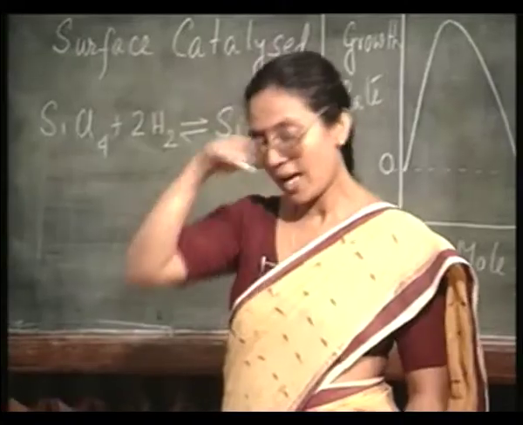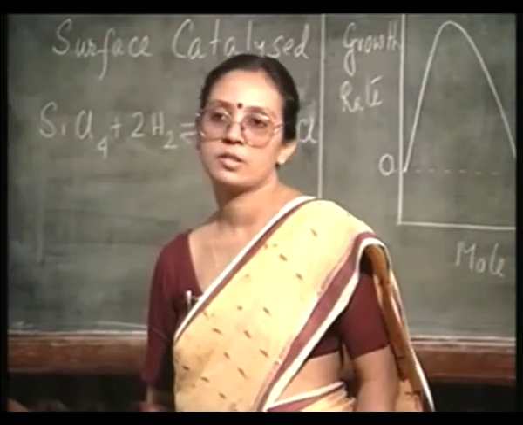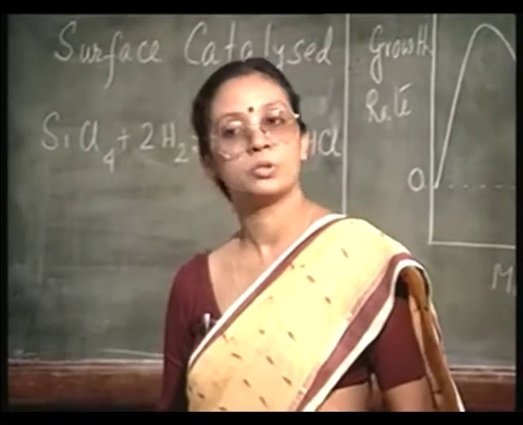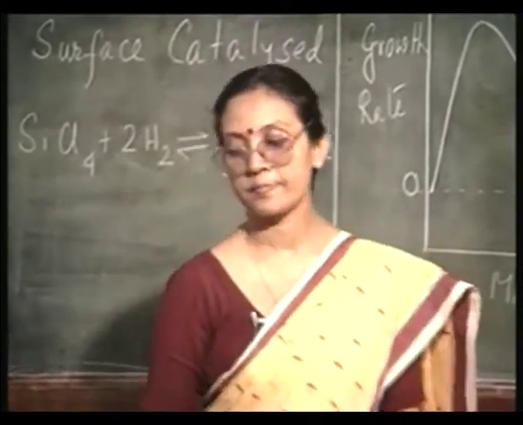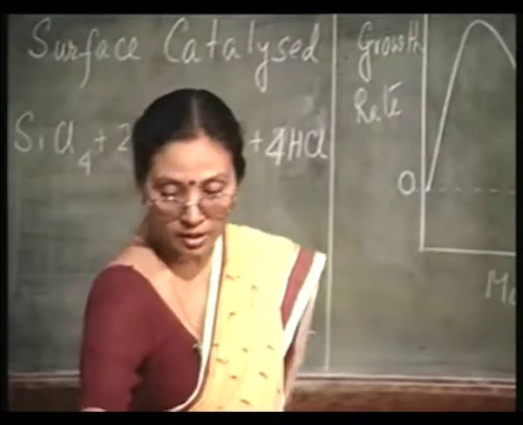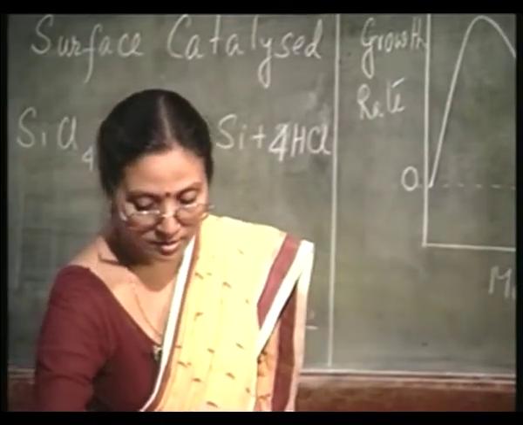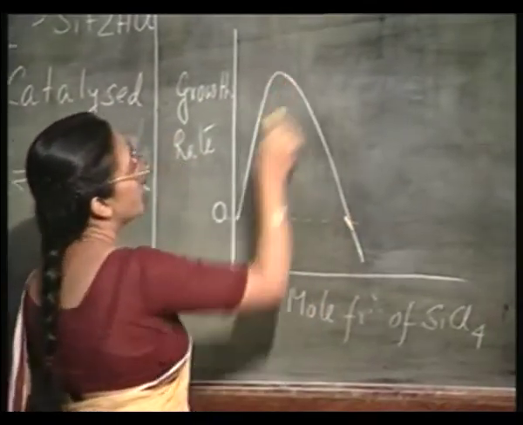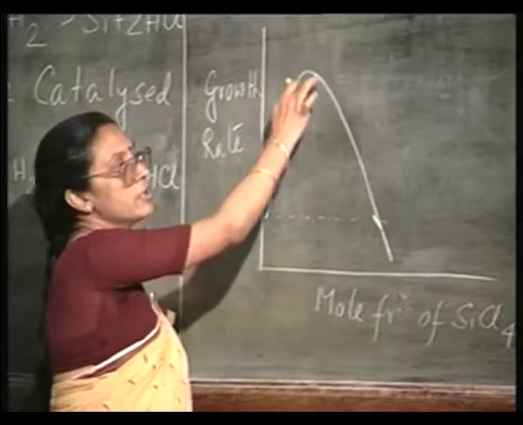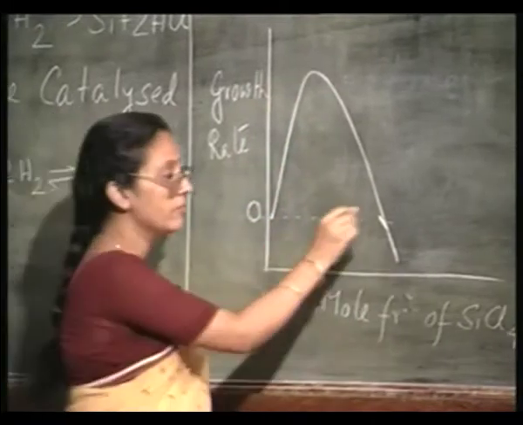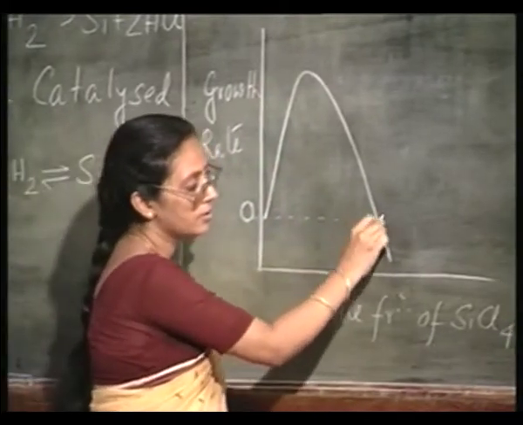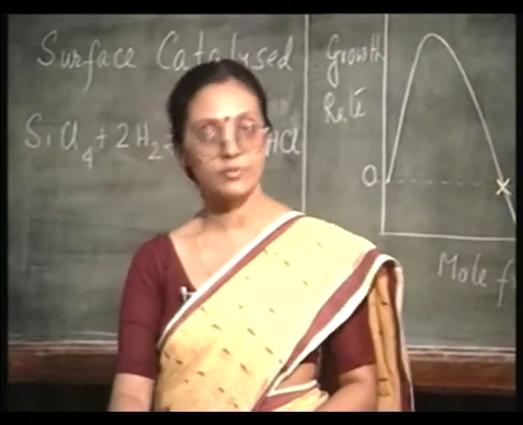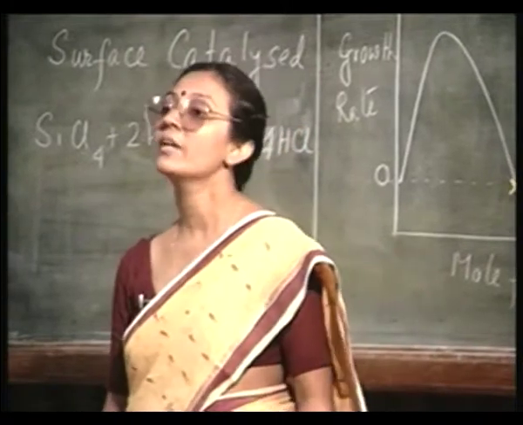That is, as the mole fraction of silicon tetrachloride is increased, initially you see that the growth rate increases, but beyond a certain point you find that the growth rate falls again and eventually it crosses the 0 growth rate point, that is, we have a negative growth rate, or in other words we have etching.